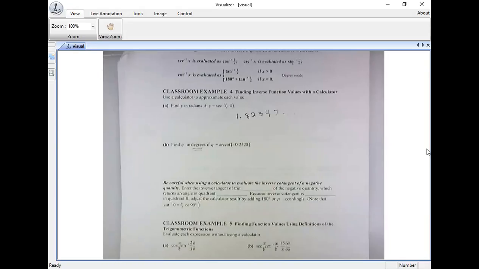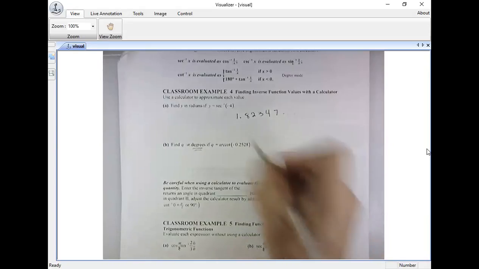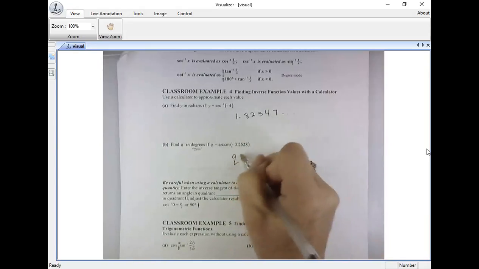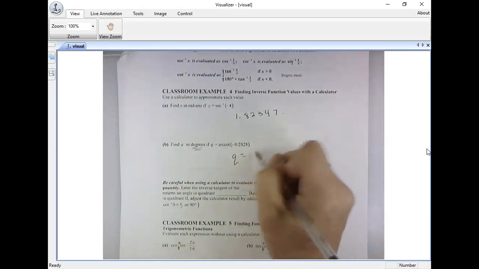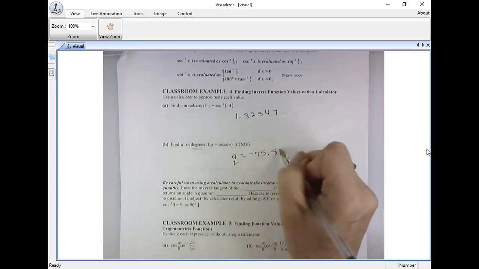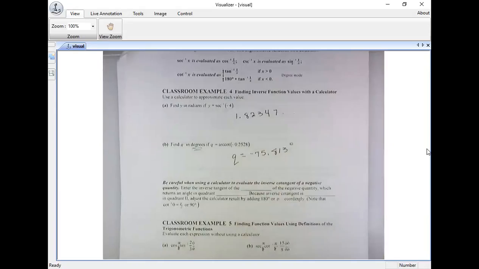What are you getting? Anybody else get that? Very good. -75.813 degrees. We'll just round it there.